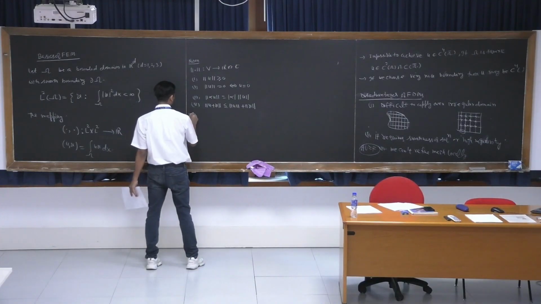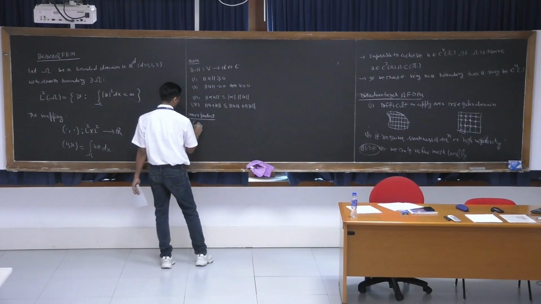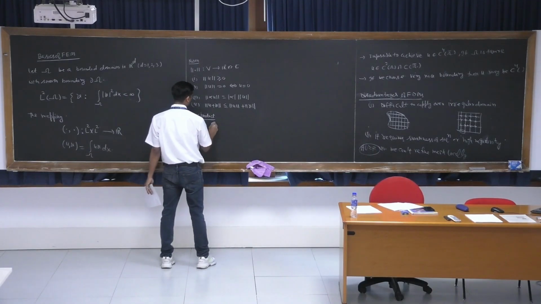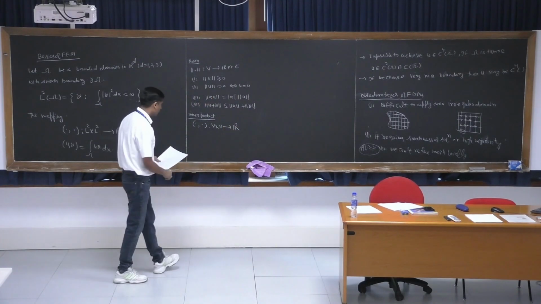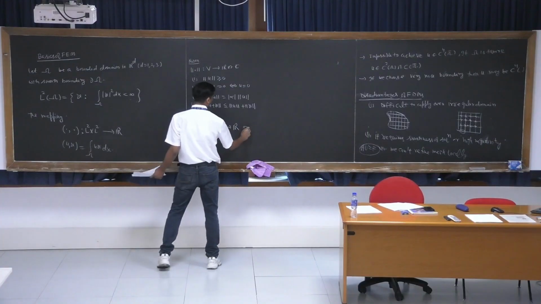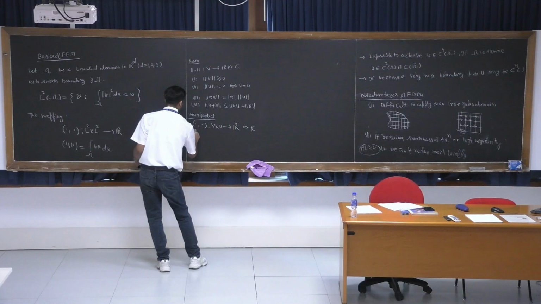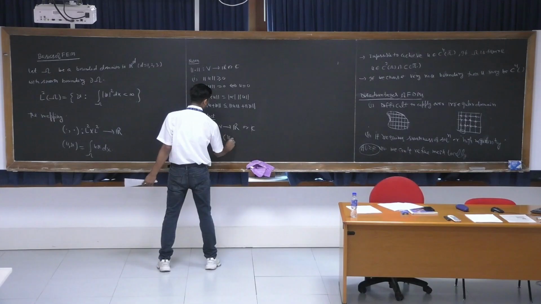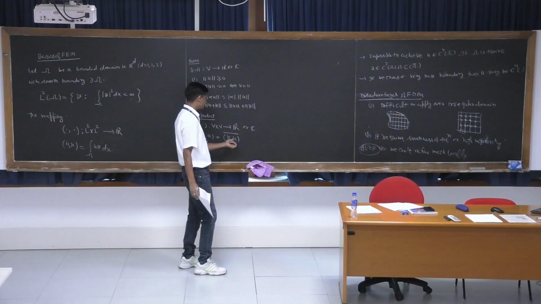Second definition, inner product. Again the same thing. This is the inner product from V cross V to R. The first property is, if it is R or C, and if it is C, then we take the conjugate; otherwise this is fine. The inner product of U and V is equal to that of V and U. If it is not complex, then this is fine.